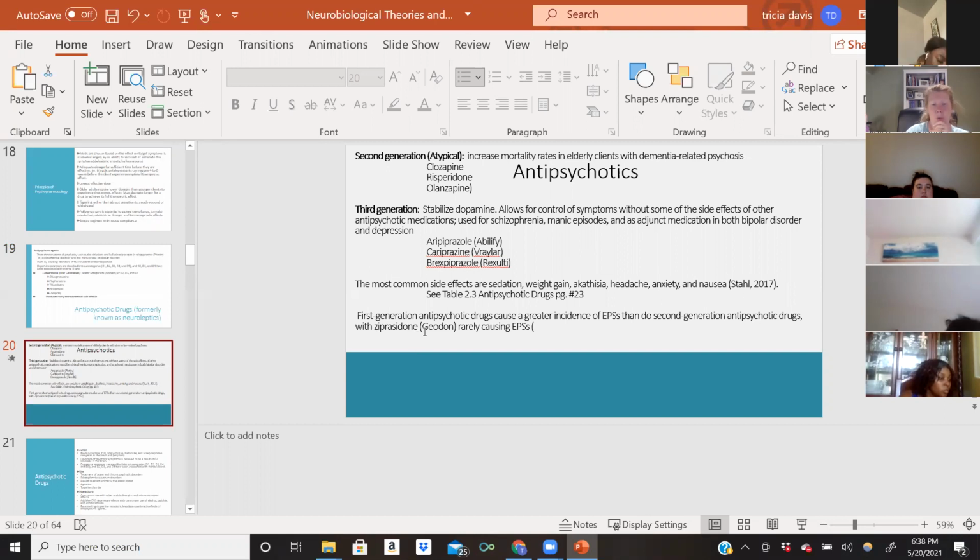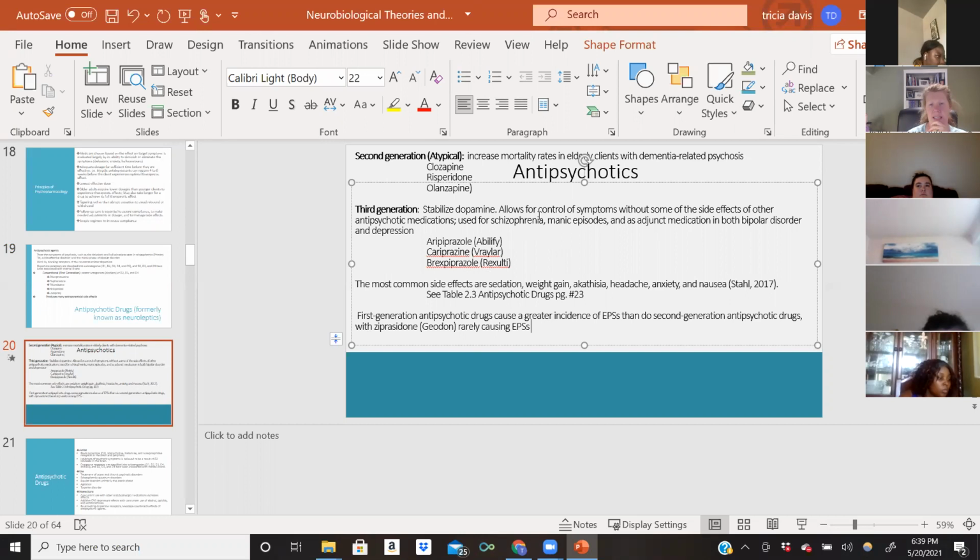There's also another antipsychotic that we can use. It's called Ziprasidone or Geodon. This is one of the antipsychotics that rarely causes any EPSs. So this is a medication that a lot of doctors try to use because they don't see a lot of those side effects.